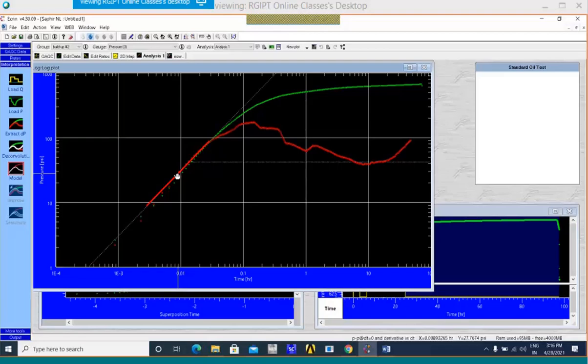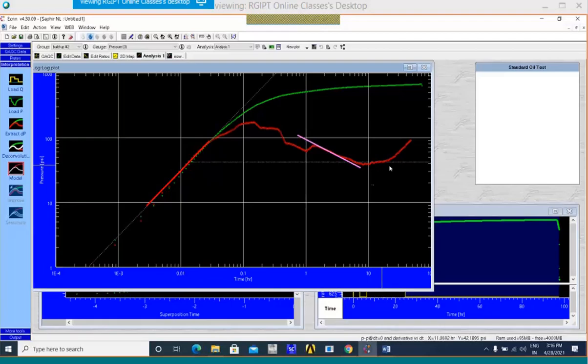So let us try the spherical flow. You see, this line is also matching. This one is also showing. So you can consider this as a spherical flow. I am considering this is spherical flow.